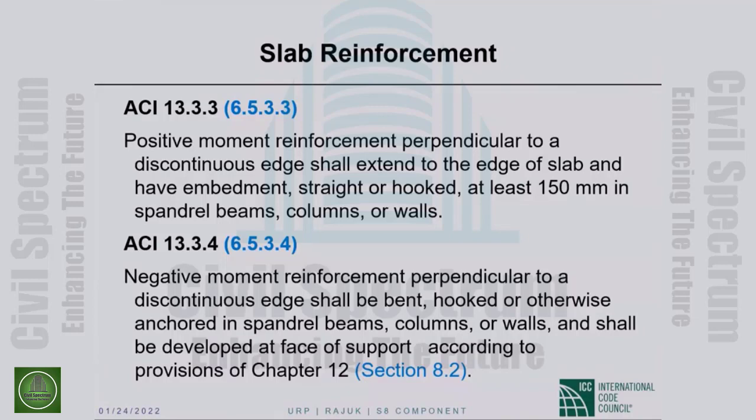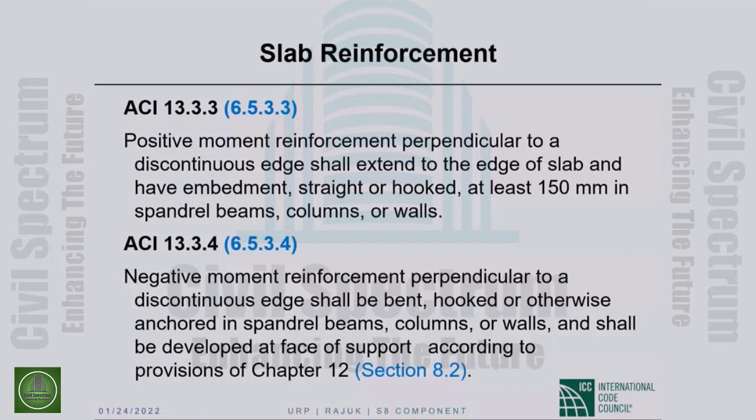Now anchorage, very important, and I will read and maybe not try to do much more than that because time is running and this is a pretty long thing. But this is all important stuff. Positive moment reinforcement perpendicular to a discontinuous edge, this is the bottom reinforcement, shall extend to the edge of slab and have embedment straight or hooked at least 150 millimeters in spandrel beams, columns, or walls.